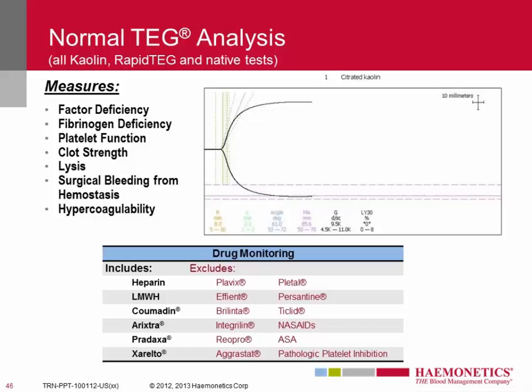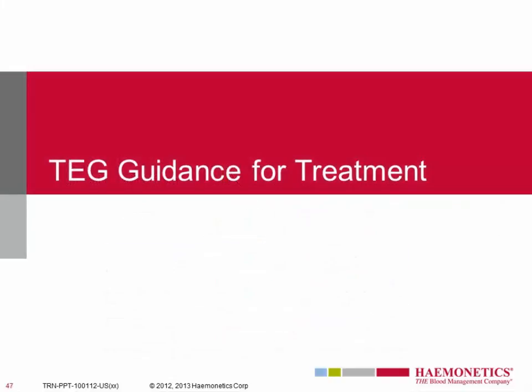So the ADP process is Plavix, Effient, Brilinta. Integrilin, ReoPro, Aggrastat, and Pletal and Persantine are the GP2B3A receptors, which are the ones that get activated, or in this case inhibited, from being activated to connect fibrinogen to platelet.